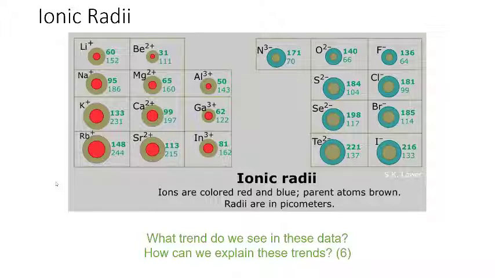Okay, so we see here by looking at the data that cations become smaller, whereas anions become larger. And so how can we explain these trends? The loss of an electron to form a cation in order to form that noble gas configuration increases the effective nuclear charge.